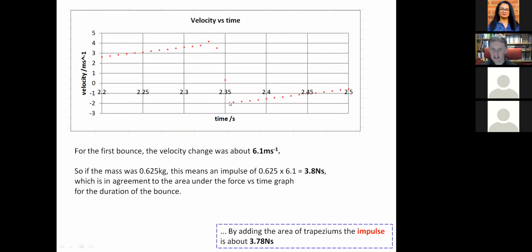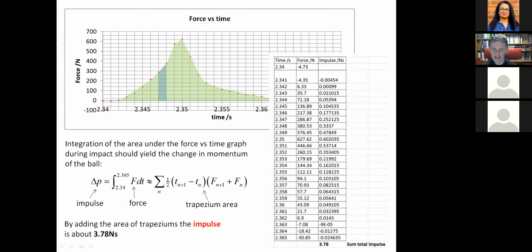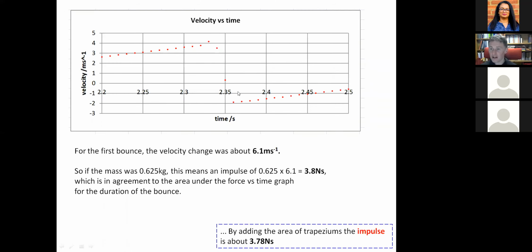So if you work out the change in velocity from there to there and multiply it by the mass, you'll get about 3.8 Newton seconds, which is very similar to what we got with integrating the force versus time graph. So numerically, we can find the correspondence that we keep telling you in physics, that the force is the rate of change of momentum.